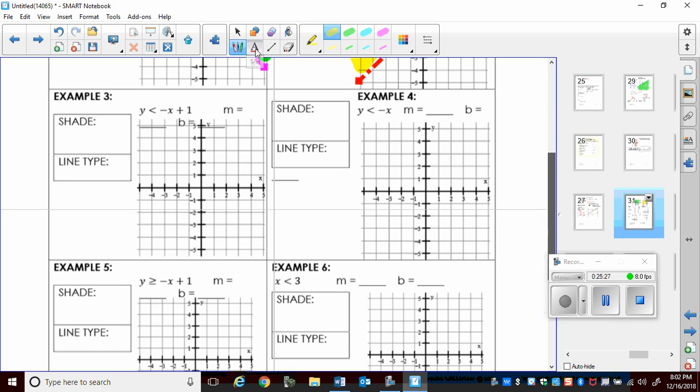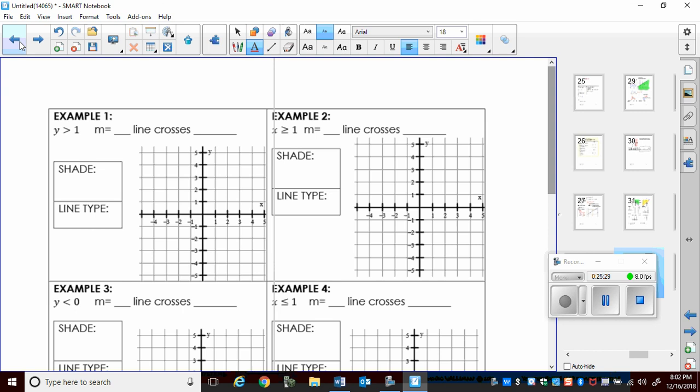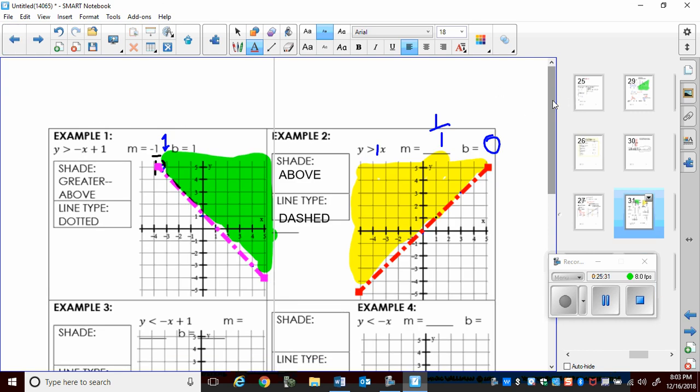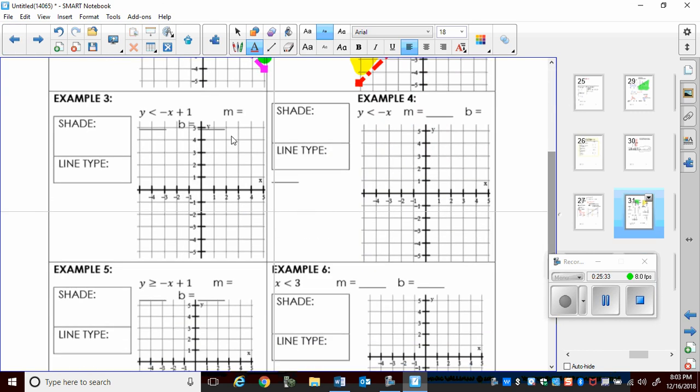Looking at the next one. Let's see here. I have y is less than. So when I'm doing this, the shade direction is down because it's less than. The type of line is a dashed line.